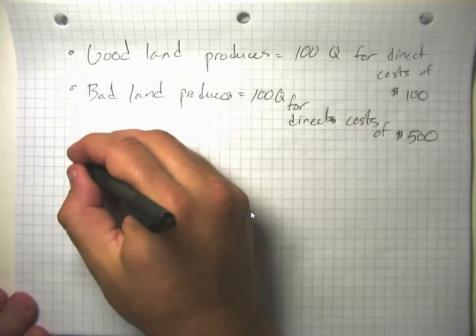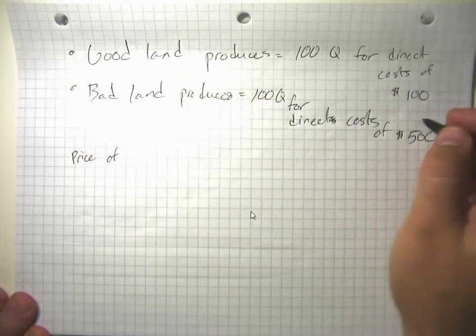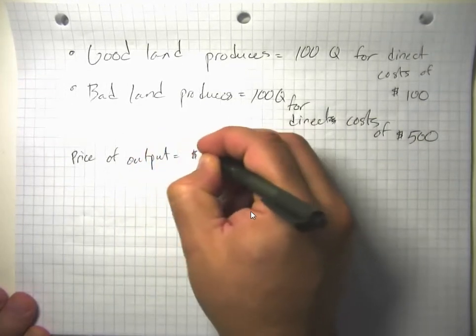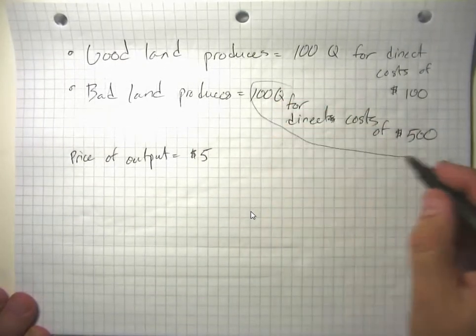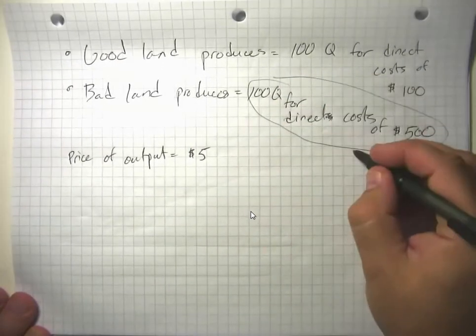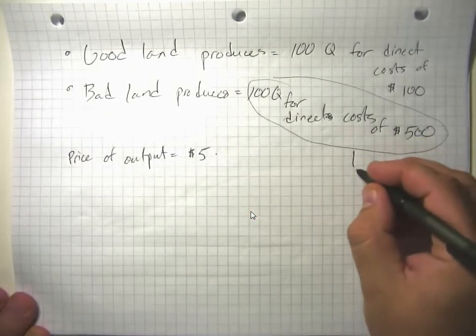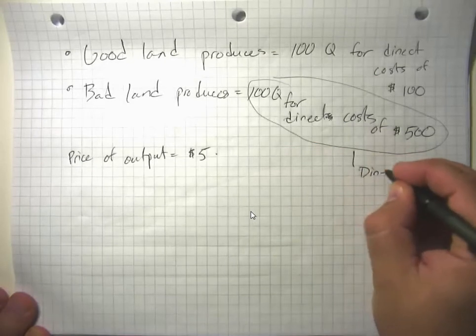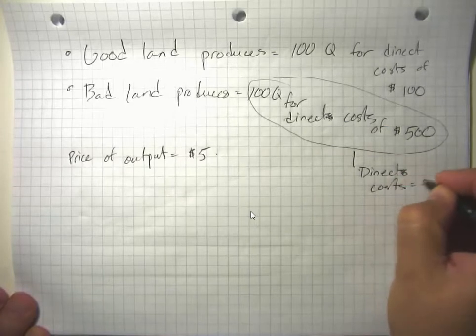And let's suppose then the price of output equals $5. And you can see that this firm has, at a price of output of $5, direct costs per unit of $5.